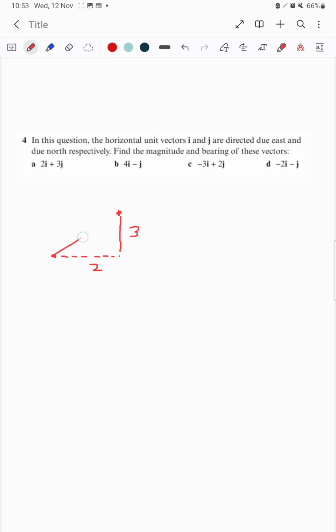So basically the vector is going this way, and its bearing is the angle made by the north line from the beginning, and this angle you have to find out. Let's say this angle is theta. So our answer is, let's say, theta 1.